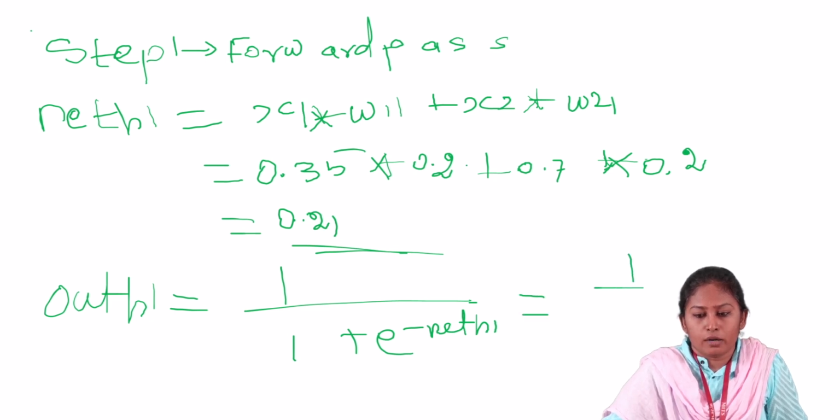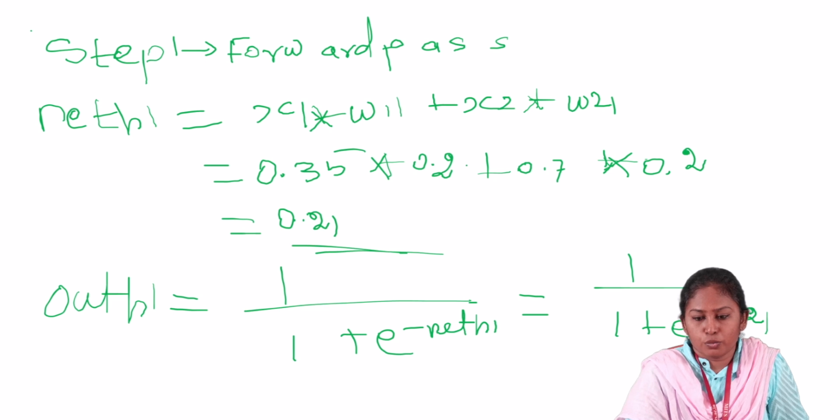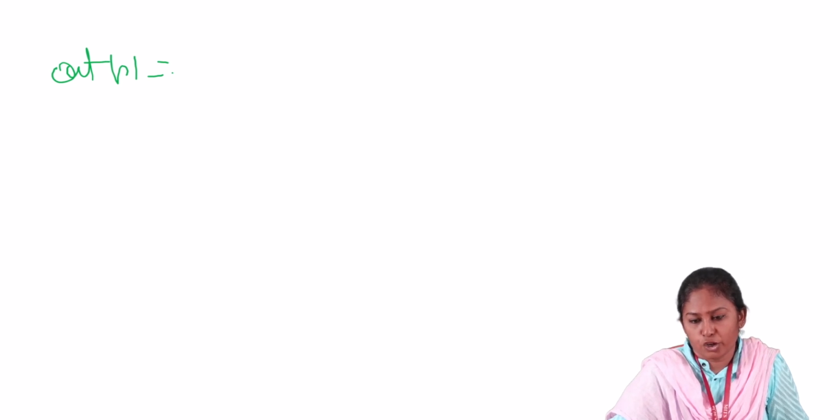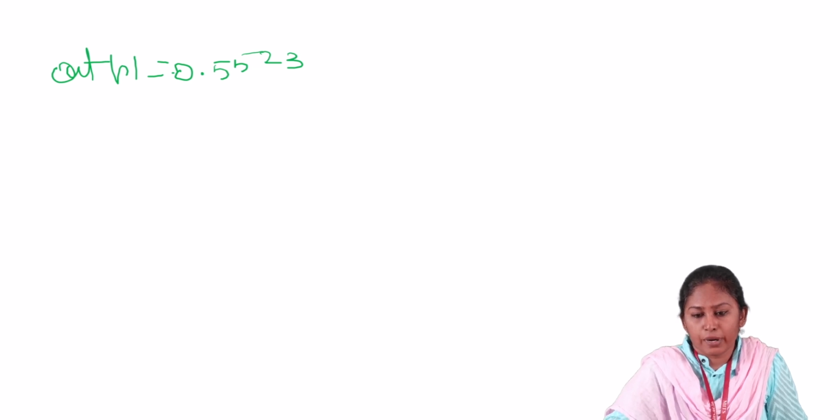So 1 divided by 1 plus e to the power minus 0.21, the value will be 0.5523. Most probably in all the problems here, I'll be going till the fourth precision. Depending on your model, on your problem, you can choose any kind of precision. Either you can start with 0.55 or 0.5523, or you can go with the sixth precision. Yes, you can go as you wish.